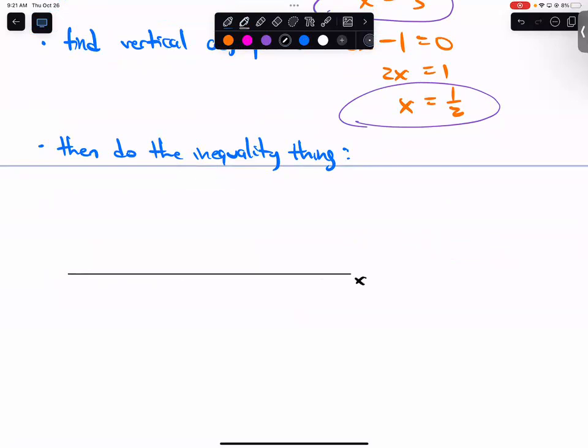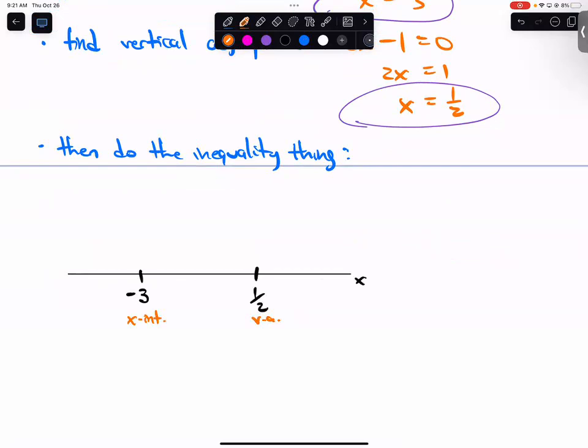Make myself a little number line. But what I'm going to need to mark on there, and test around where the intervals are going to get broken up, are those points I just found: -3 and 1/2. There's an x-intercept here. There's a vertical asymptote here.